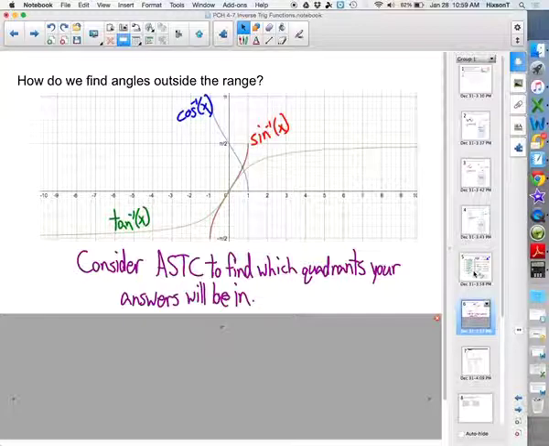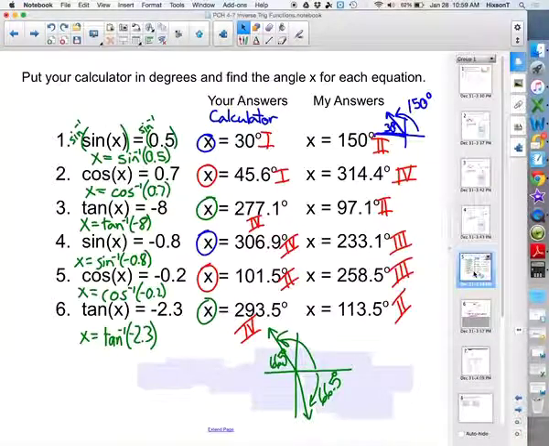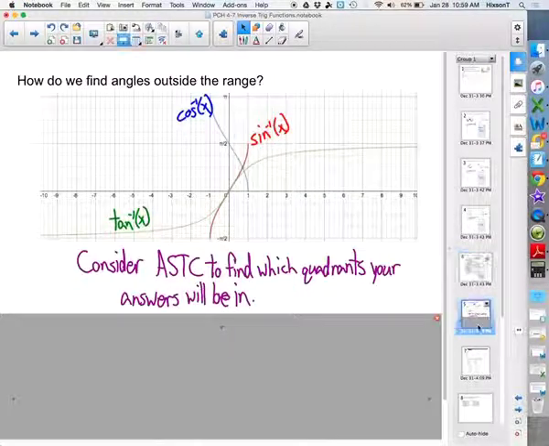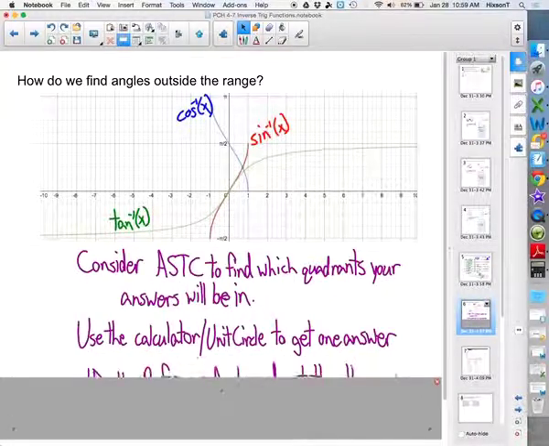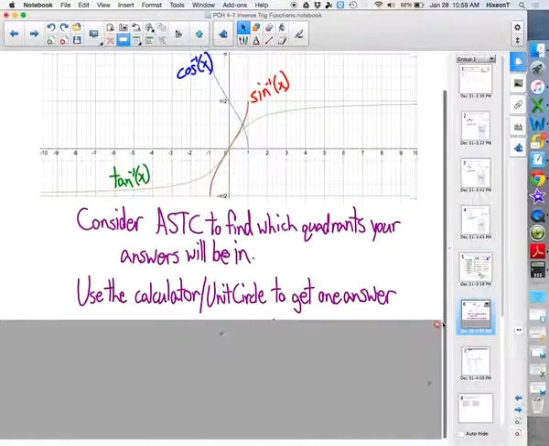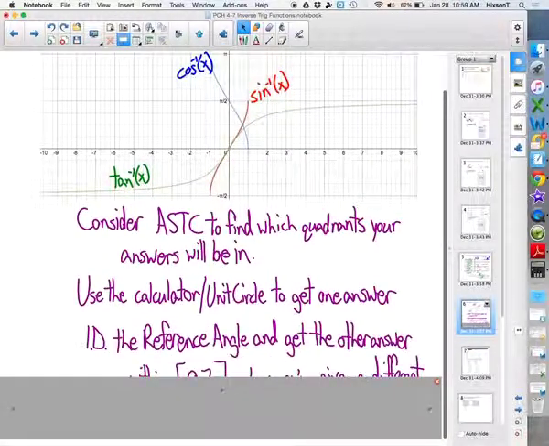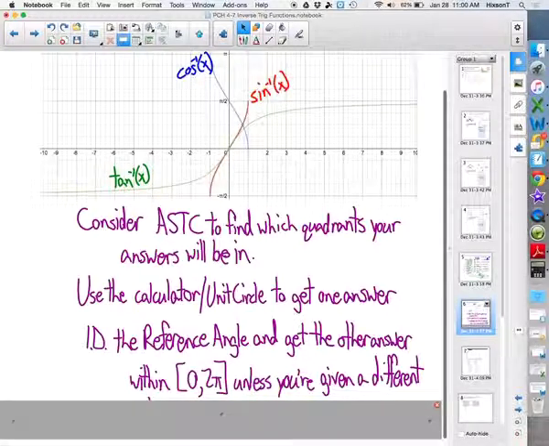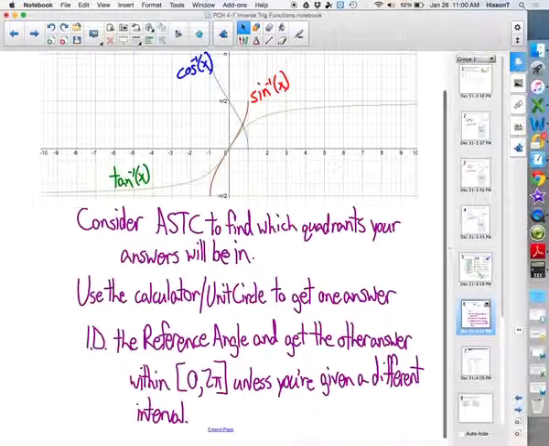So when you're doing an equation like this, before you even bother solving it, if sine is positive, I know I've got to get an answer in the first and second quadrants. Once you know which quadrants you need, then you use the calculator or the unit circle to get one of your answers. And then finally, identify the reference angle to get the other one.